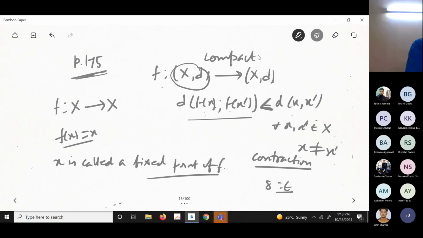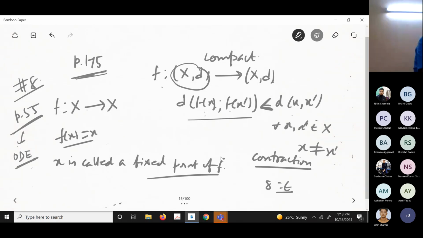It is known as Banach's contraction problem. That problem number 8 on this page, page 55, is not related to compactness. It is related to completeness. This is called Banach's contraction principle. I don't know whether your teacher is using it. It is used in ODE also, for the existence of solutions. You need Banach's contraction principle there. So this is compact, and you'll have to prove it has a fixed point.